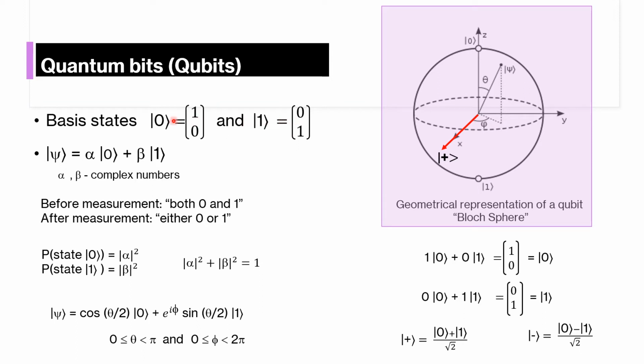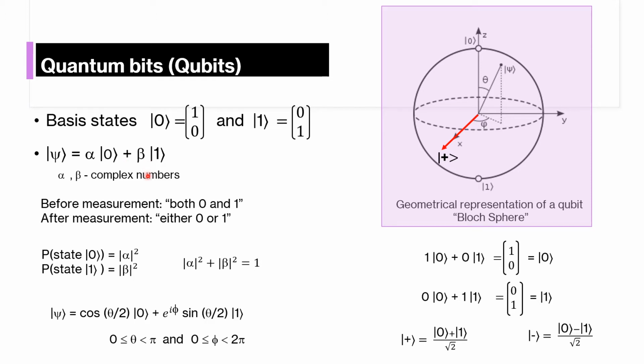These two vectors are orthogonal to each other, therefore we can represent any two-dimensional vector with a combination of these two states. So the state of a qubit can be written as state psi equal to alpha ket 0 plus beta ket 1. Here alpha and beta are complex numbers. This state vector psi is described by a linear combination of the two basis vectors 0 and 1.